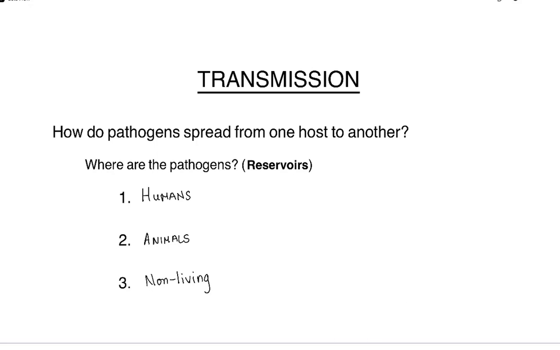So now that we understand what the reservoirs are, the major or dominant home for that particular pathogenic species, let's take a look at transmission. Transmission is basically how a pathogen, be it a bacterium or a virus, gets out of one host and into another.